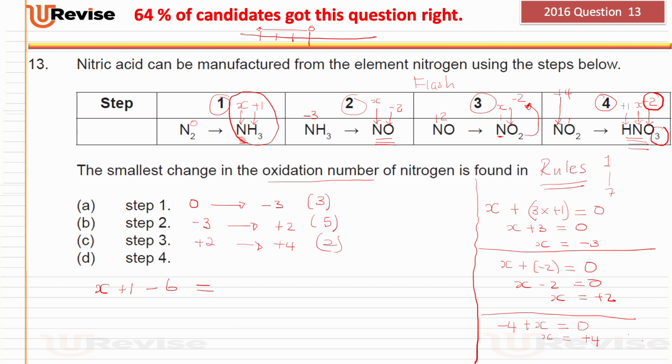So that gives me +1 minus 6, which gives me -5. X minus 5 is equal to 0. Therefore, X is equal to +5. So here we've gone from +4 to +5, which means there's only a change in oxidation state of 1. This gives us D as our correct answer.